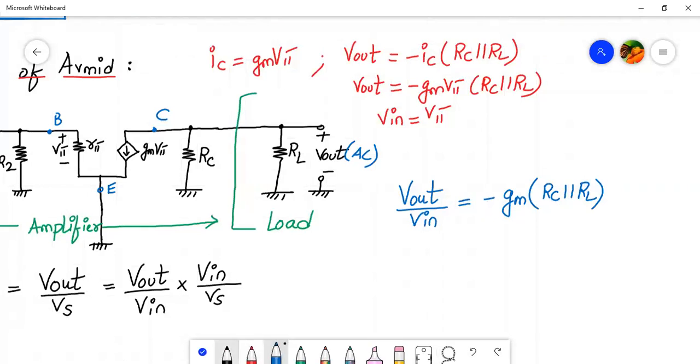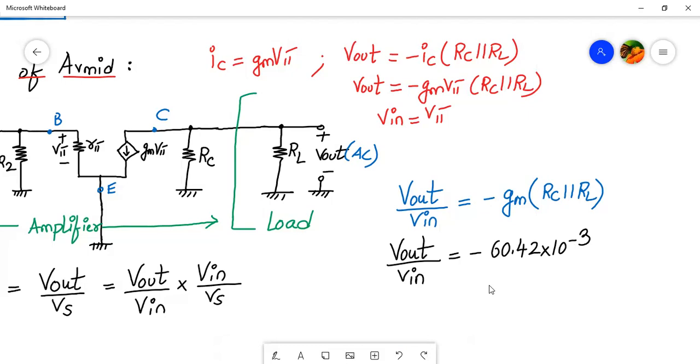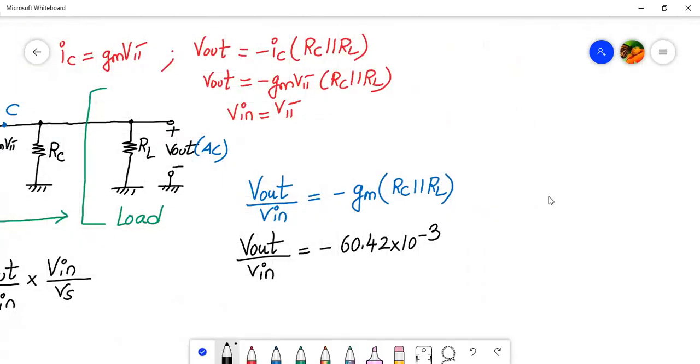So let's calculate that. V out divided by V in. What was the value of gm given to us? I think the gm value was 60 point something. Let's see that. I think it's 60.42. So it will be minus 60.42 milli, that means 10 raised to minus 3, into RC parallel to RL. RC is basically 4K parallel to 2.2K.